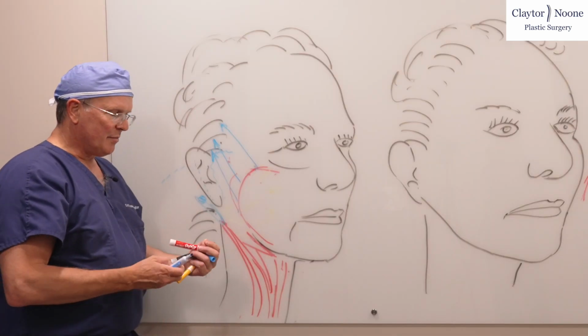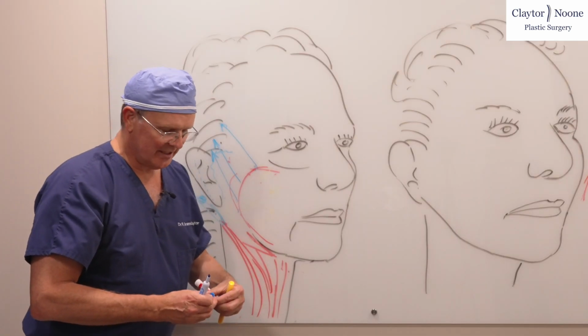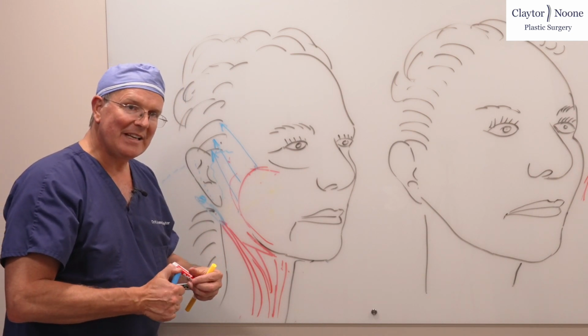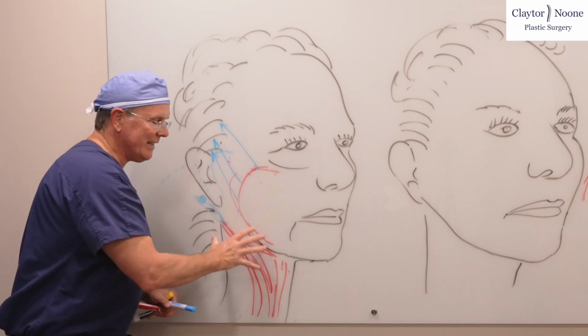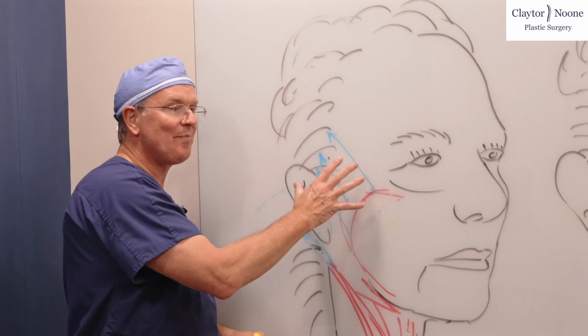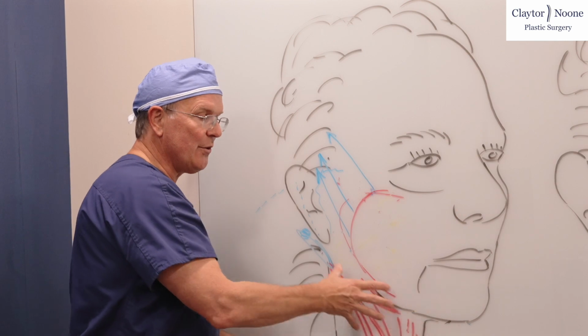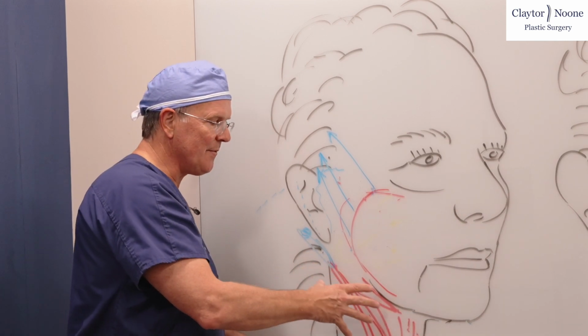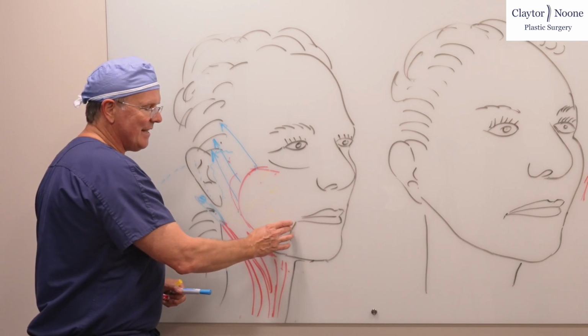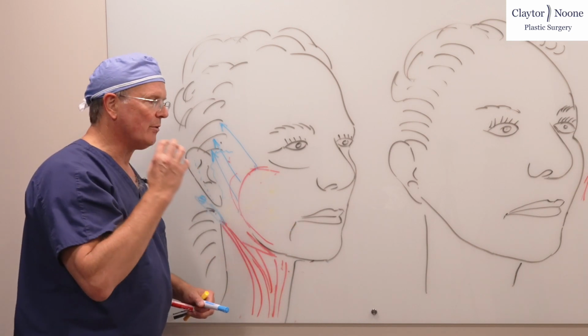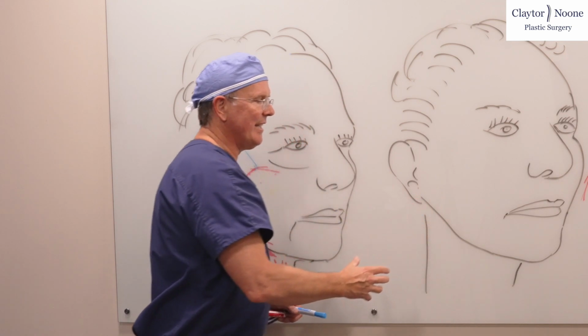So the big difference between a neck lift and a facelift, in my opinion, is that a facelift generally includes both the neck and the face. If you're just doing an isolated neck lift, then you're focusing down here. The one area that we didn't really talk about is that marionette line, or those jowls that you really want to get and tighten.